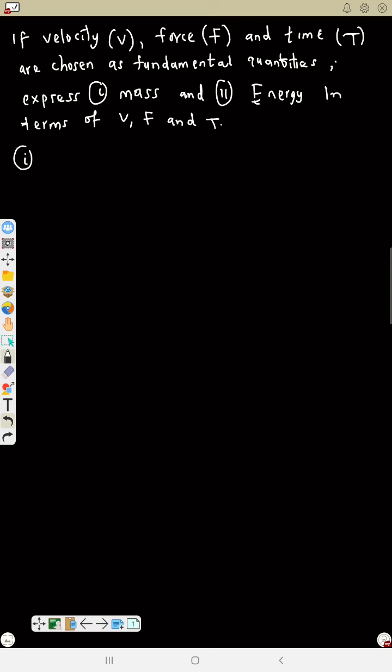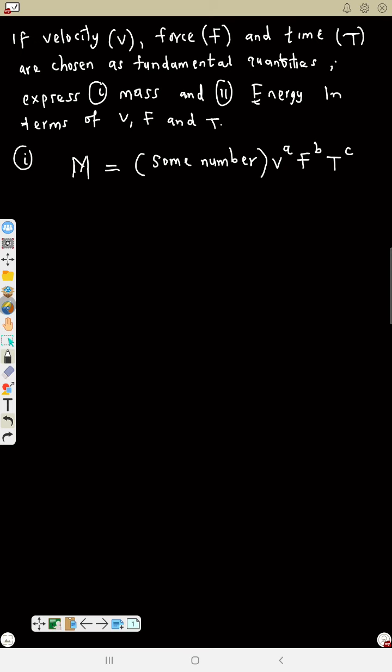So now, we want to express mass in terms of V, F and T. So mass is equal to some number, then V will be raised to power a, F will be raised to power b, and T will be raised to power c.